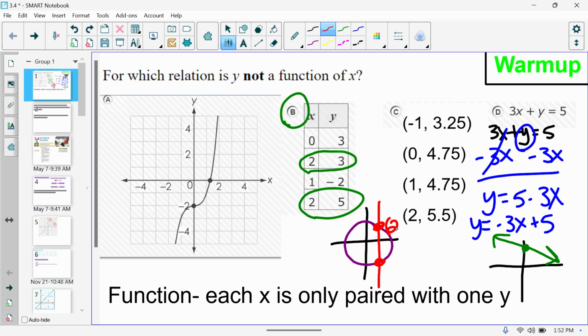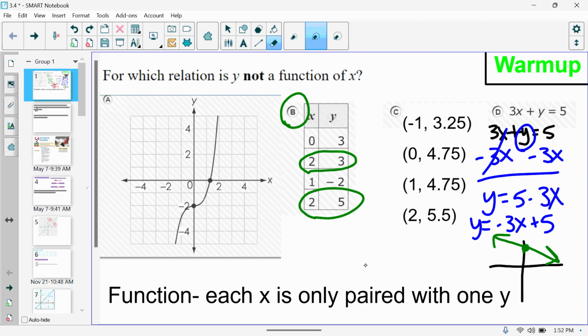Like this could be 2, 4, but this would be 2, -4. Remember we said that's not good if you have the same x paired with more than one y, okay? So that's an example of something that fails the vertical line test. If you draw a vertical line and it touches the graph more than once, that makes it not a function, okay? So B was the only one that was not a function.